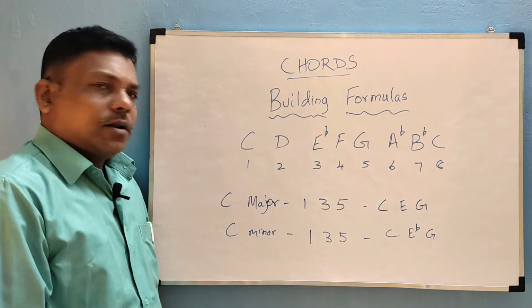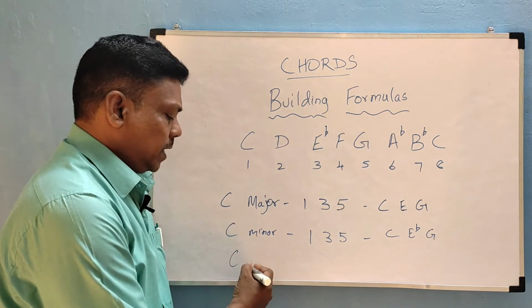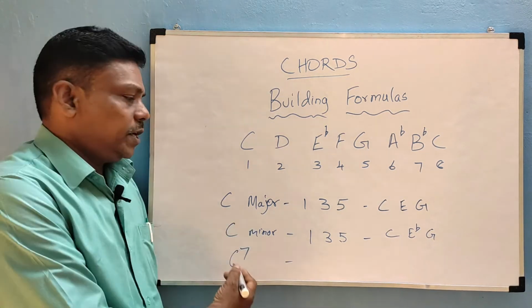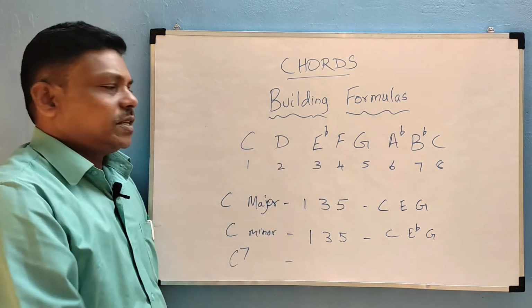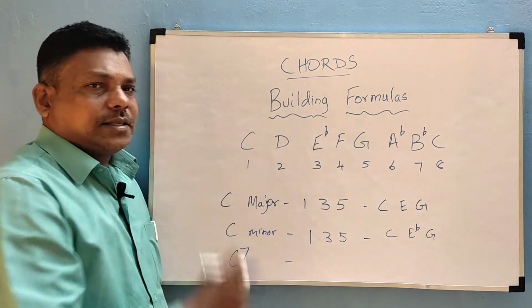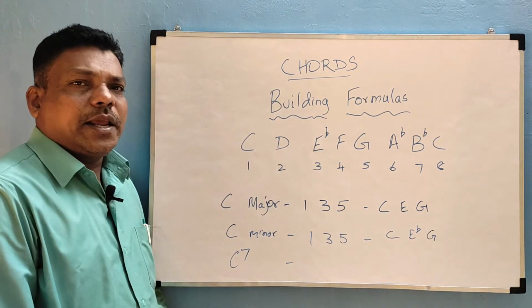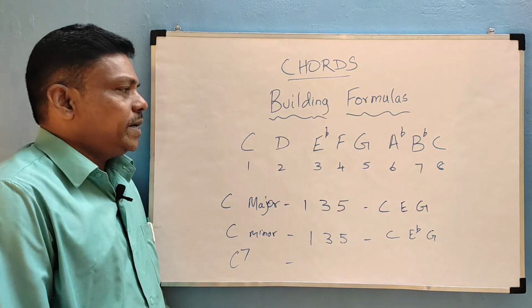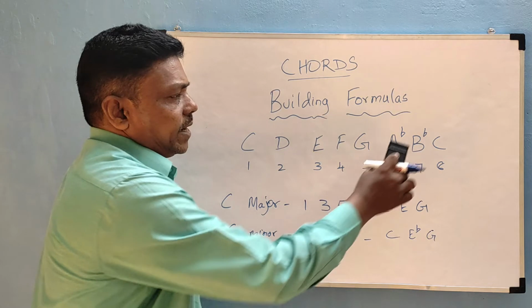Now the main question is, now we want to form another chord, C seventh, C dominant seventh. Now will you go to the C major scale or C minor scale? The answer is, whenever you form any chord, just do it with the C major scale itself.